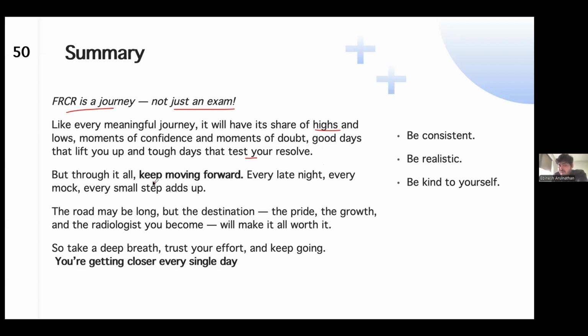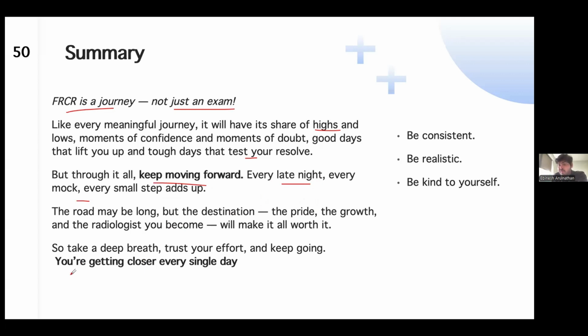But through it all, keep moving forward. Every preparation, every mock, every small step will eventually add up. Every single case you see might add up to your 2A preparation or 2B preparation.